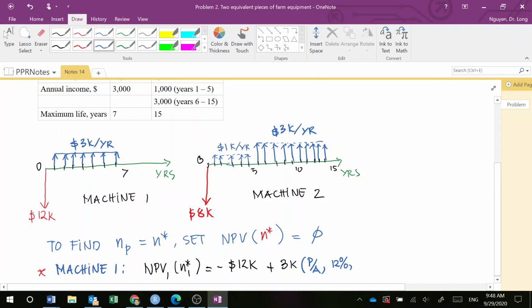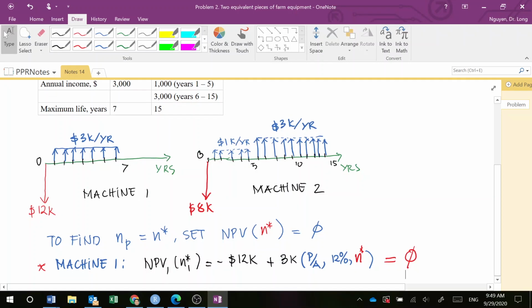In the NPV method, we would put 7 years for N. But in this case, we want to find out how long it will take to return the initial investment of 12,000. So instead of putting 7 years in here, we erase that and put N star, so it becomes an unknown, and we set it equal to 0.